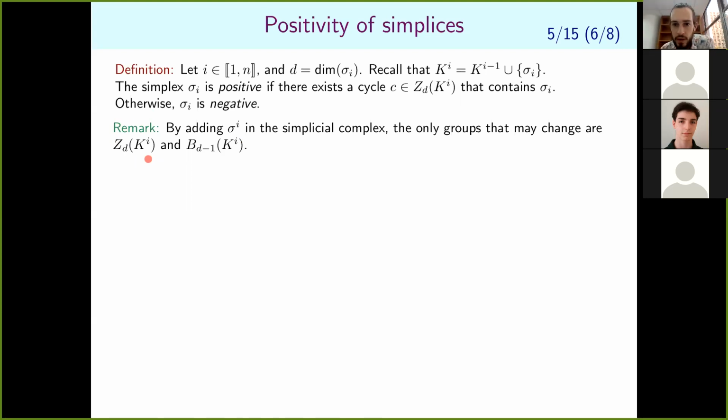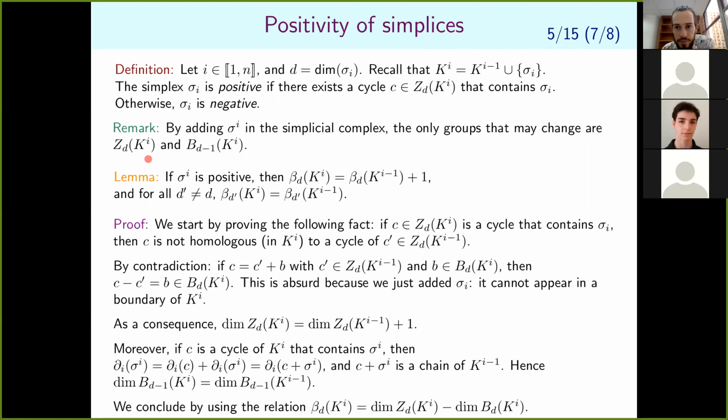Okay? And now a lemma. If my simplex is positive, then what happens when I add it to the simplicial complex? I increase the Betti number of my simplicial complex, the Betti number of dimension D, by 1. Okay?